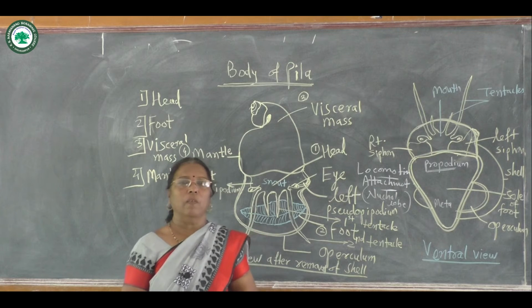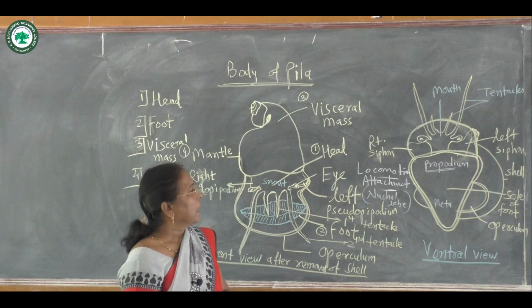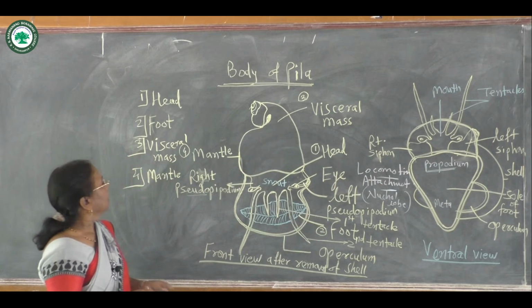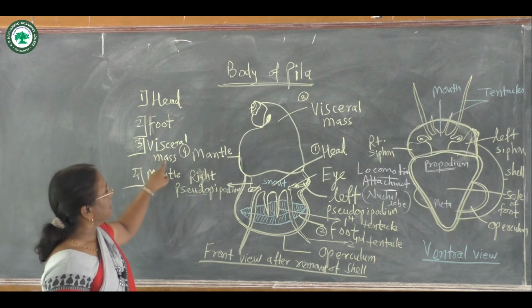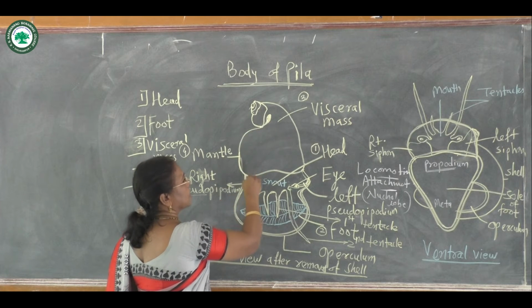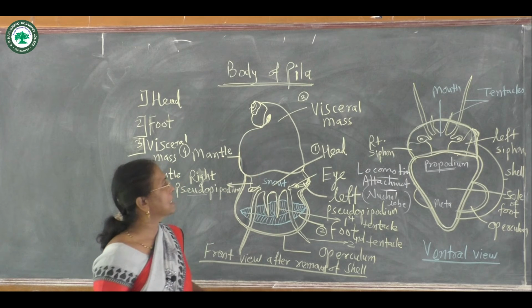The animal can cover 5 millimeter distance per minute. This is the foot. Then the third part is called the visceral mass. Visceral mass is nothing but all important organs of the body which are enclosed within the body whorl and other whorls.